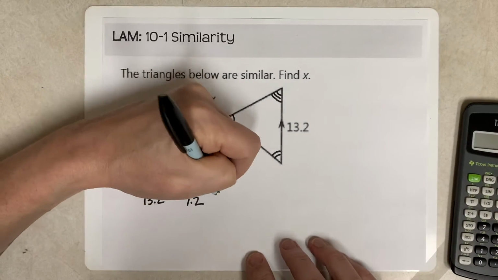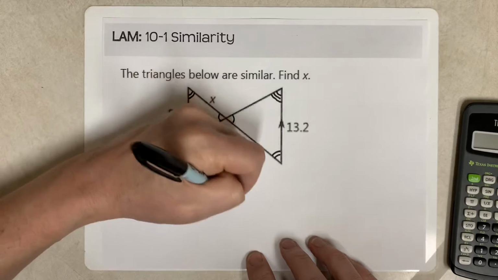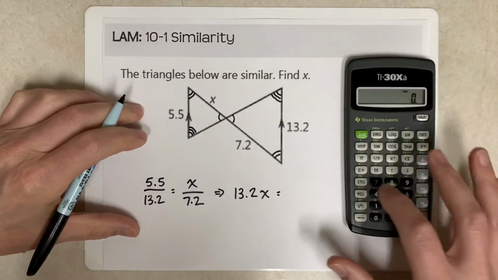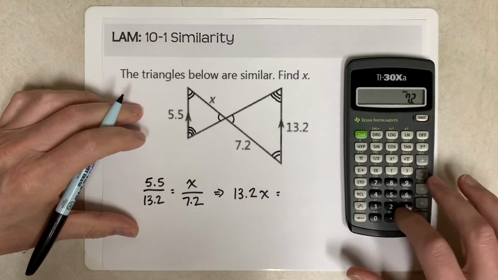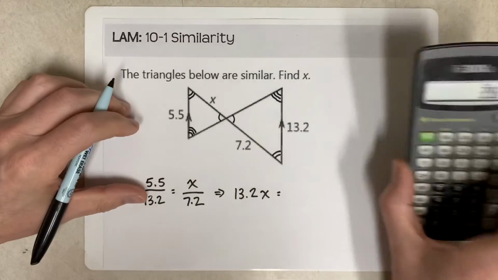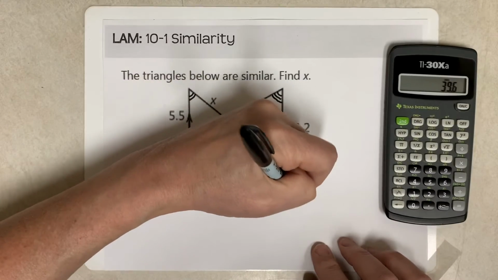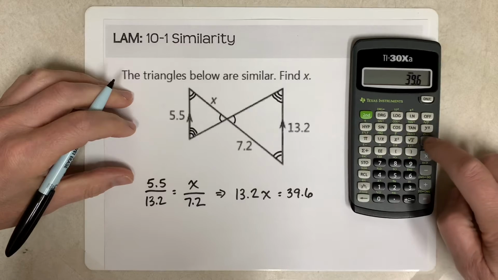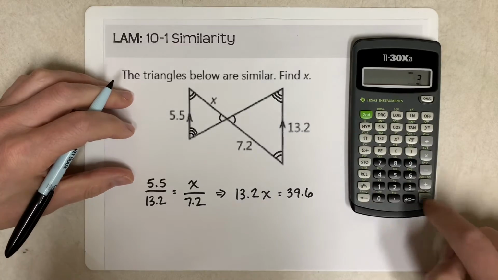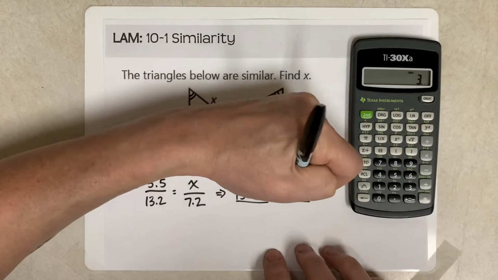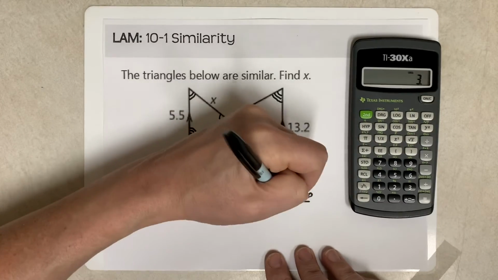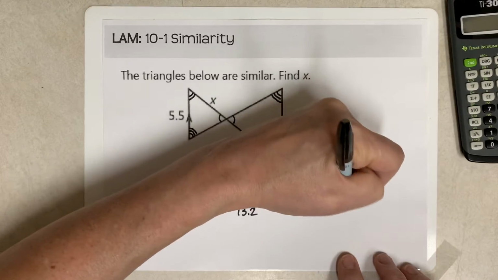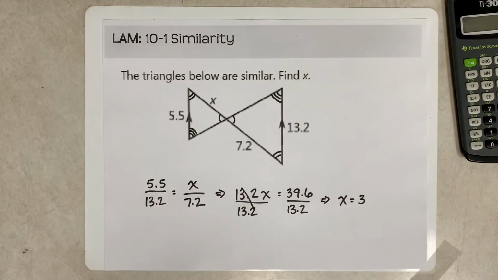So we're going to get 13.2 times x equals, now we have to do 7.2 times 5.5, and that is 39.6. So if we take 39.6 and we divide it by 13.2, we get 3. And so it turns out that our x value is 3 for that one.